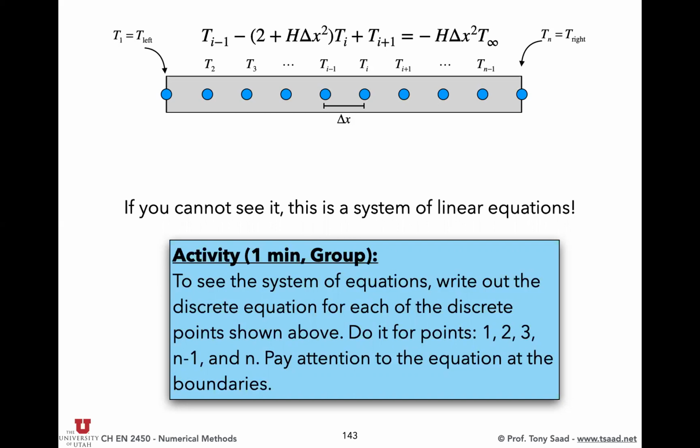But then I want you to write out the equations at point 1 for temperature, at point 1, point 2, point 3, and point n minus 1 and n. I want you to just write these 5, just spell them out. Take this equation and spell it out so that we can see the linear system.